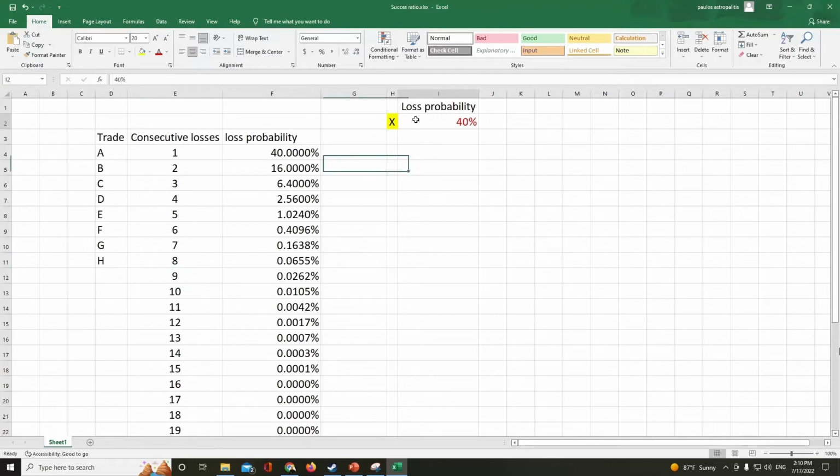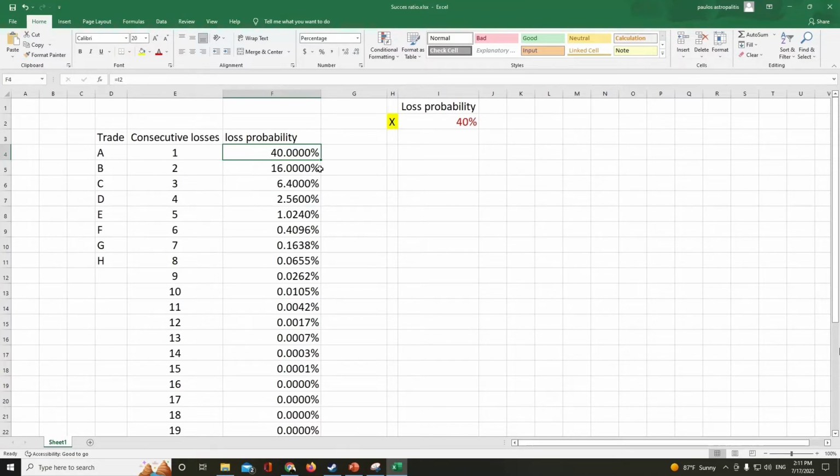Let's say that your strategy or your technique or whatever you are using has a 40% chance of loss probability. So, what does this mean? I have put here some examples, and as we continue in time, you will understand the idea and the concept. So, you are executing your trade A. What is the loss probability?